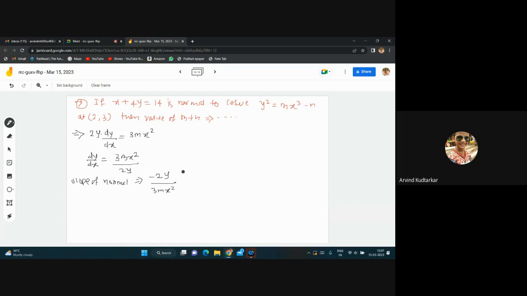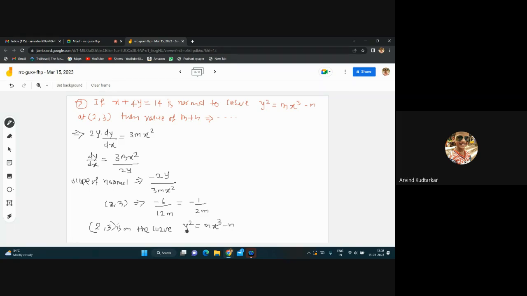Now also, the point (2, 3) lies on the curve. So which curve is the point (2, 3) on? The curve y square is equal to m x cube minus n.